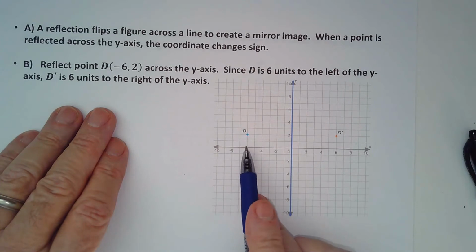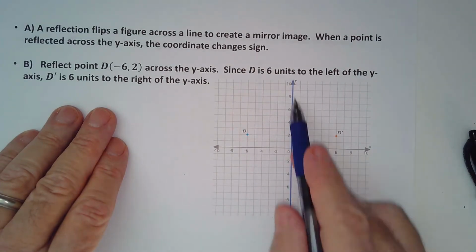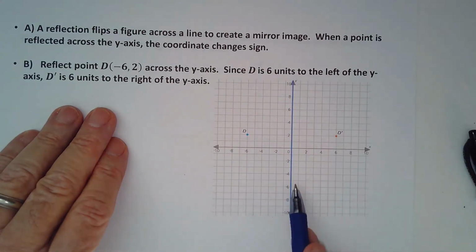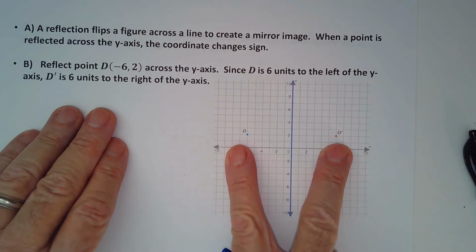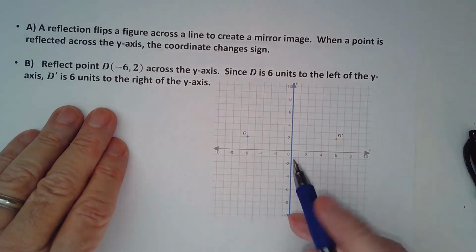You'll notice the y-axis is the line of reflection, sometimes called a line of symmetry, and it makes the 2 points even across that line. They're symmetrical.